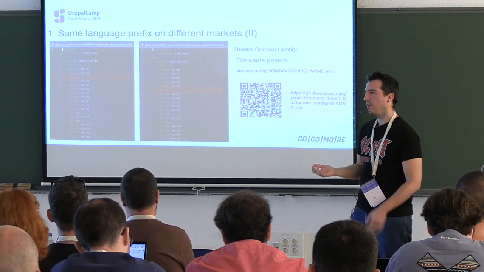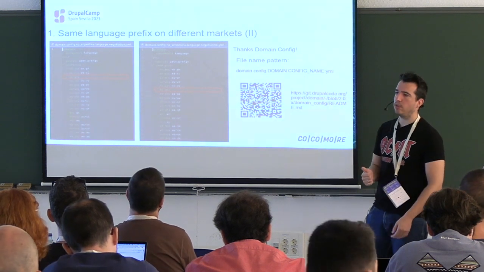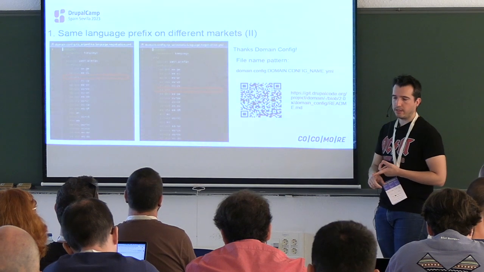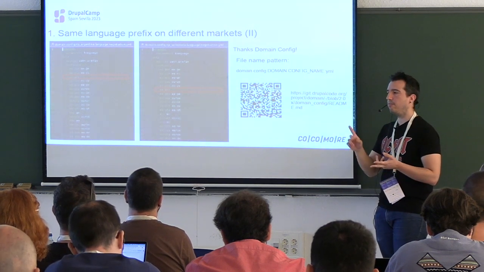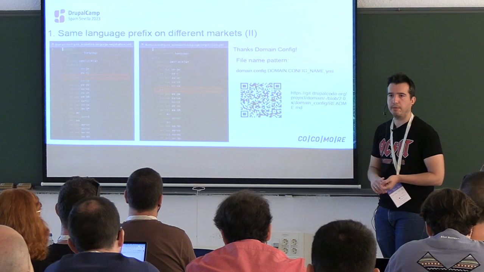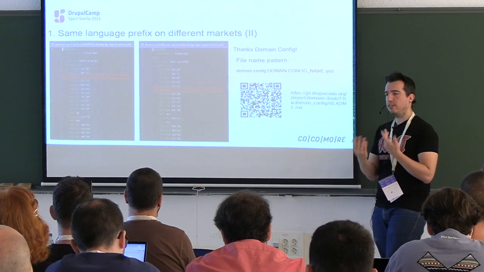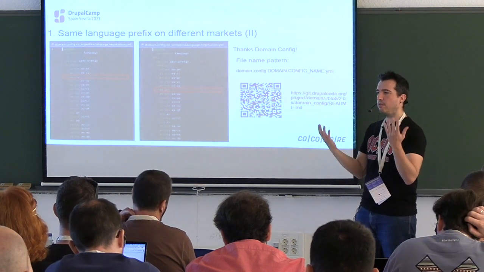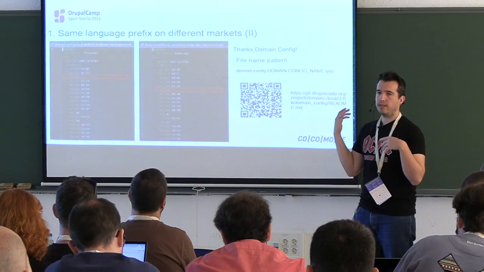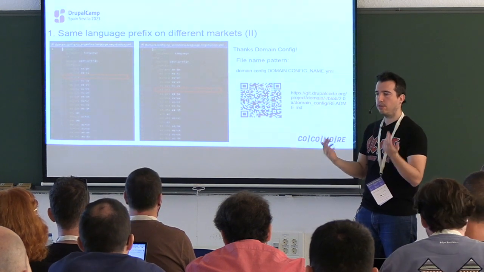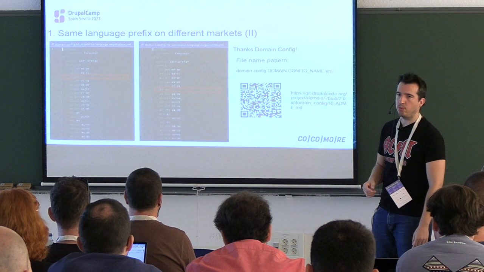So the system is loading one configuration or the other depending on the market that you are, and the problem is solved. This is also really handy when you need to define different site names per market, different emails per market. All of those situations where you have different configuration and they differ from one market to another, this is the right approach if you work with domain.